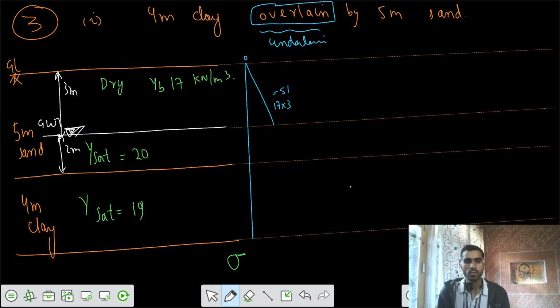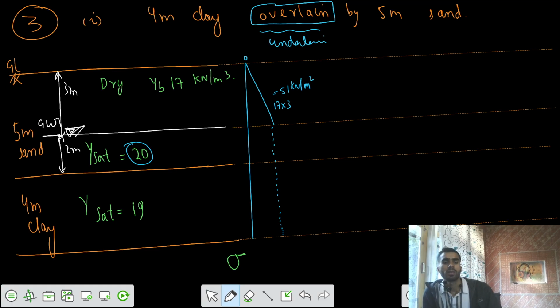After that we have the saturated weight. This would now act as a surcharge, that is 51 kilonewton per meter square, for the entire soil below that level.